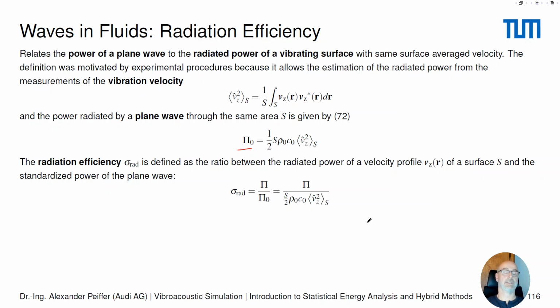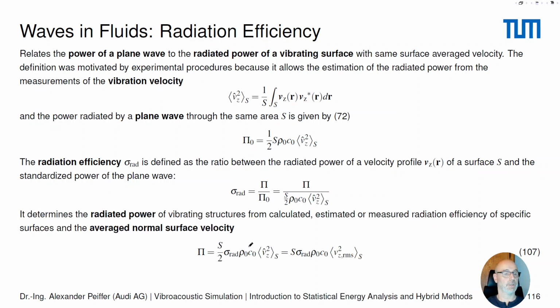The use of this is if someone gives you the radiation efficiency of a specifically vibrating surface, you can directly calculate the radiated power. The only thing that you need is the radiation efficiency, the characteristic impedance, a velocity that you can estimate, measure, or whatever, and the surface.